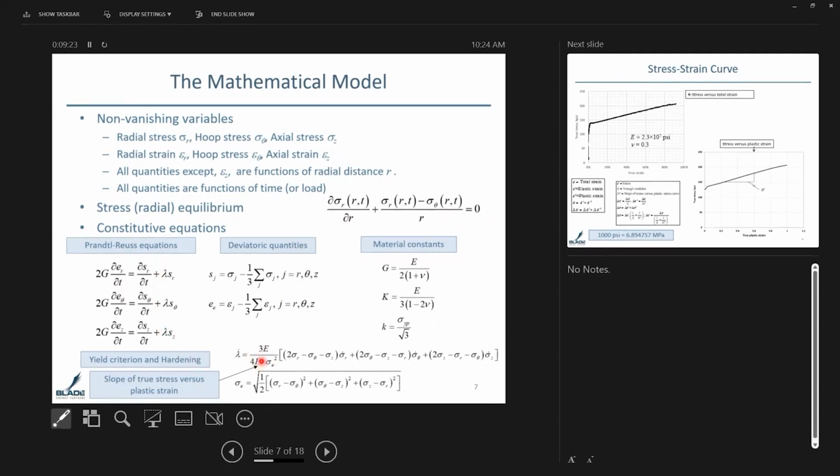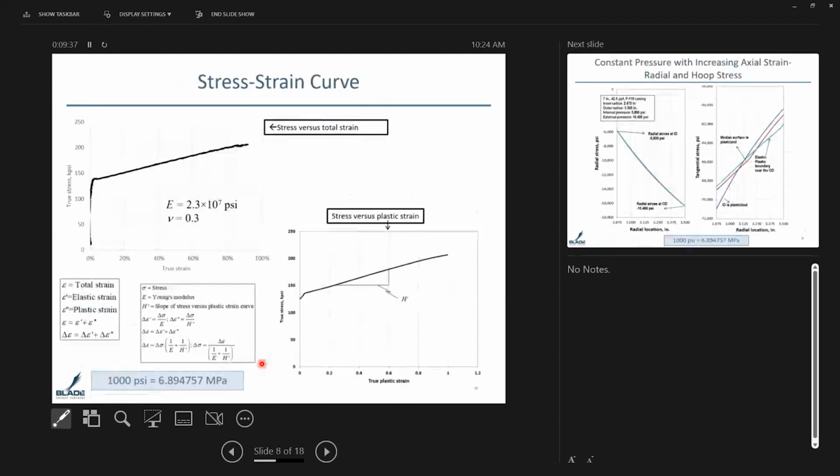We used isotropic hardening here because usually once you start the plasticity, we don't really unload the pipe. So isotropic hardening is good enough. With this, it's not very hard to work these equations out into a finite difference model. These days Excel and even spreadsheet programs are sophisticated enough that these solutions can be programmed.